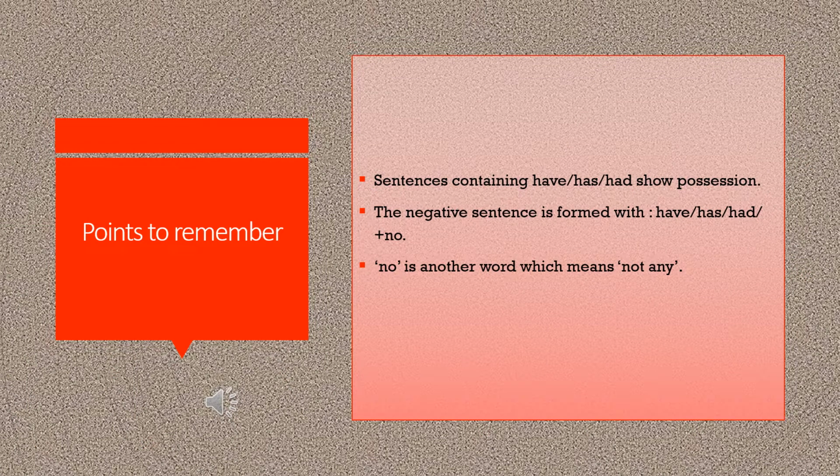We'll learn more about negative sentences containing have, has, had, which show possession. The negative sentence is formed with have, has, had plus no. No is another negative word which means not any.